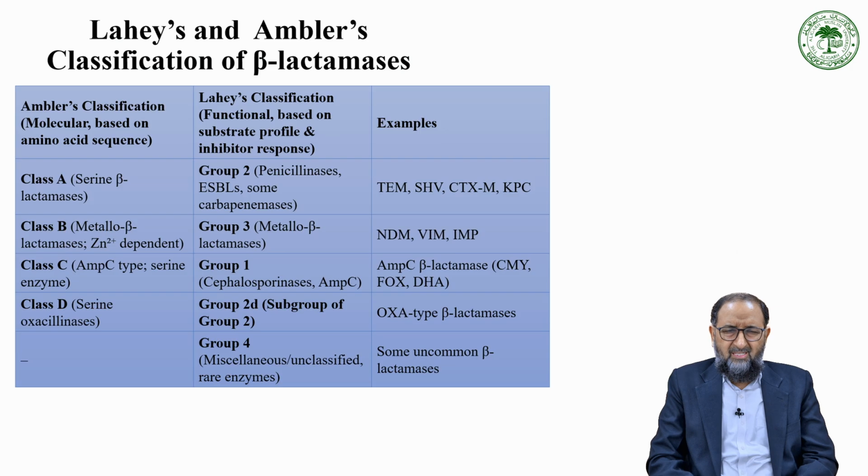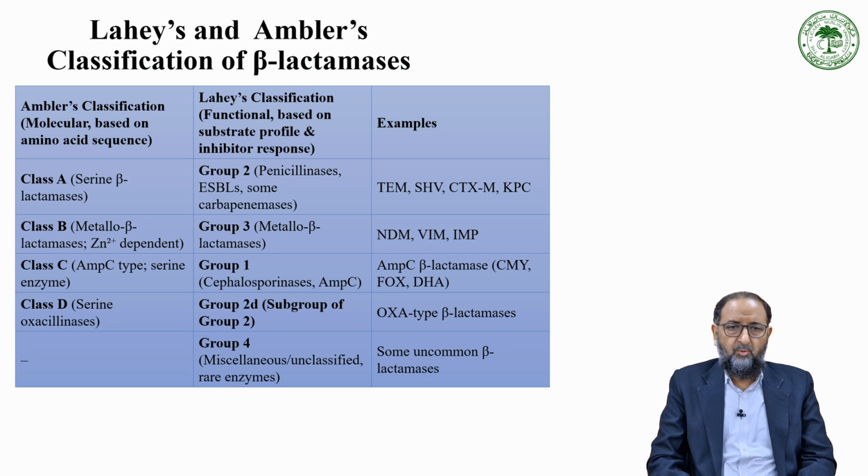This was done by, I think, Bush and Jacoby. And this Bush classification is basically functional, based on the substrate profile and the inhibitor responses. Like group 2 are penicillinases, ESBLs, some carbapenemases like TEM, SHV, CTX-M, KPC.